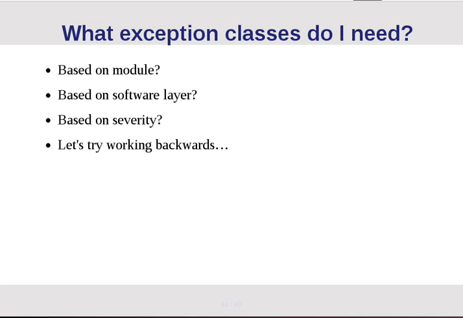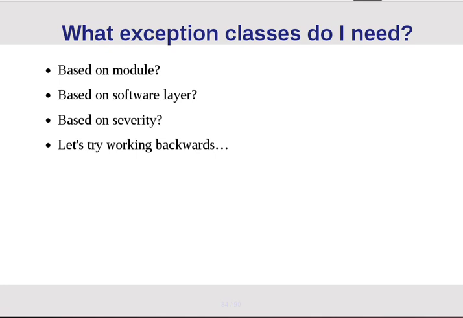It can be really difficult, when you're looking at an app or a library at the beginning, to figure out the most useful way to structure your exception hierarchy. What I like to do is to actually work backwards.